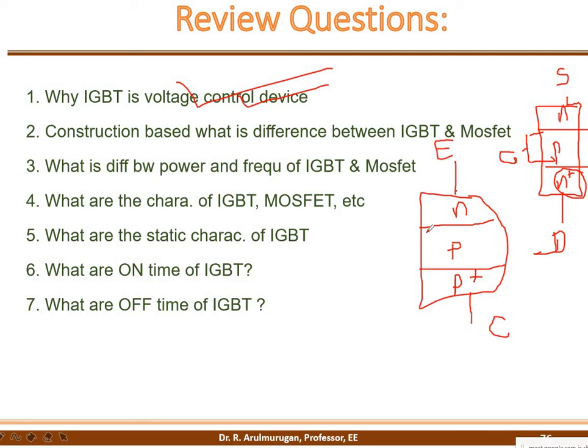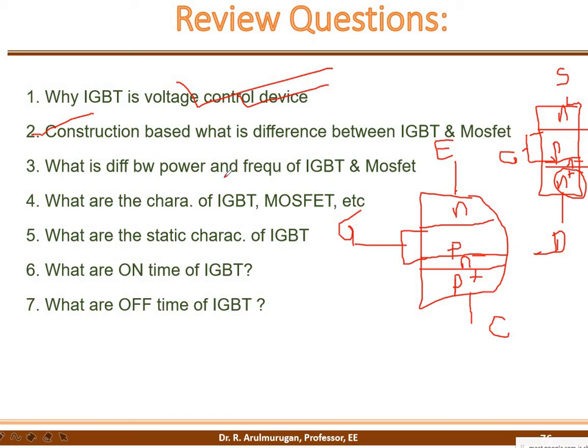The gate terminal is connected as it is, as in a normal MOSFET. Then you connect one more layer, called N minus. That N minus is called the drift layer. So this is the answer to the second question.